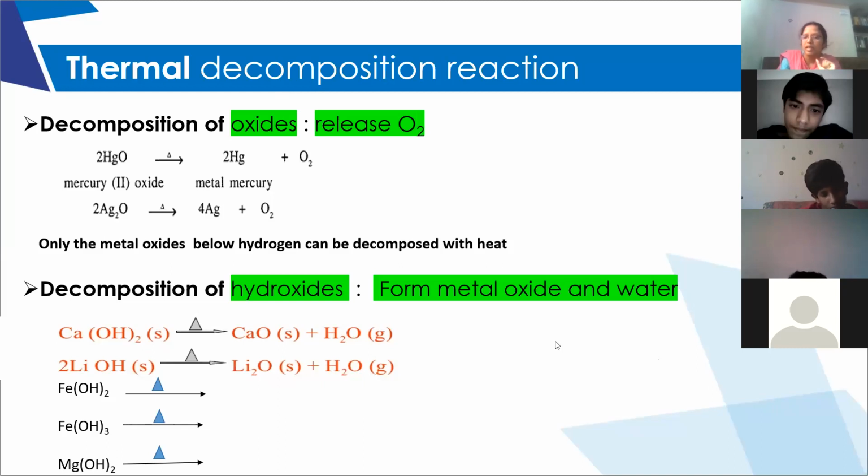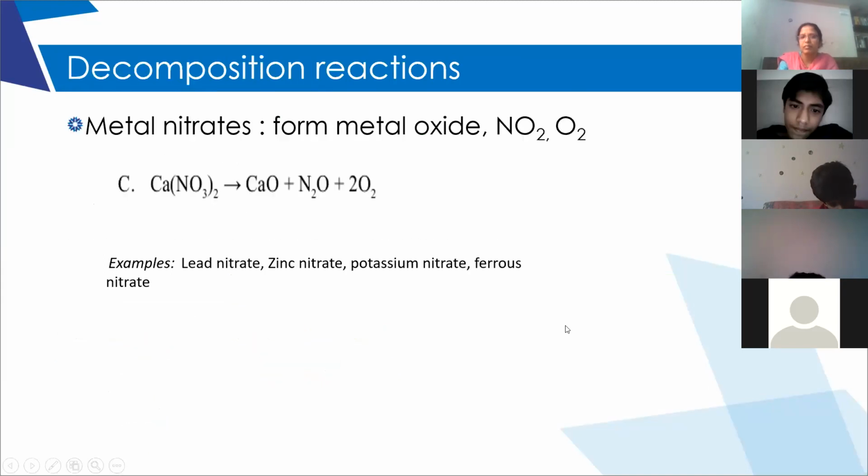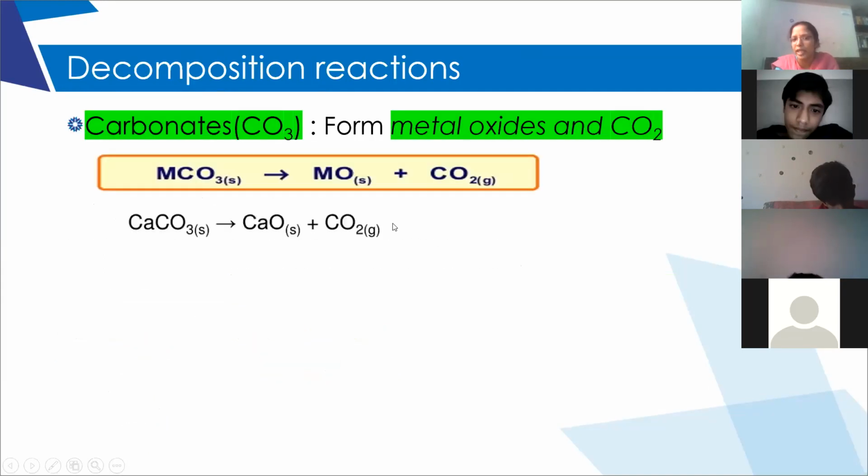The next type is carbonates. If we take carbonates, they form metal oxides and carbon dioxide. I repeat, what are carbonates? CO3 2 minus. The valency of the carbonate ion is -2. If we take any metallic carbonate, we will get metal oxides and carbon dioxide.